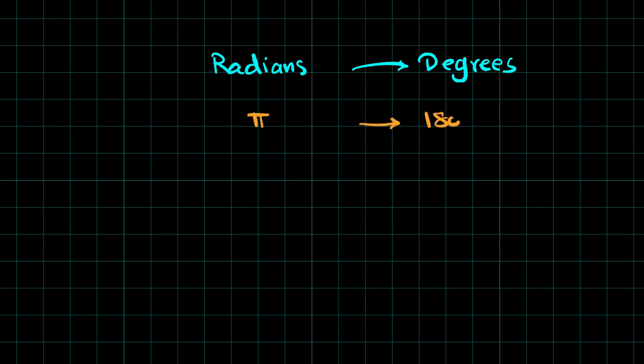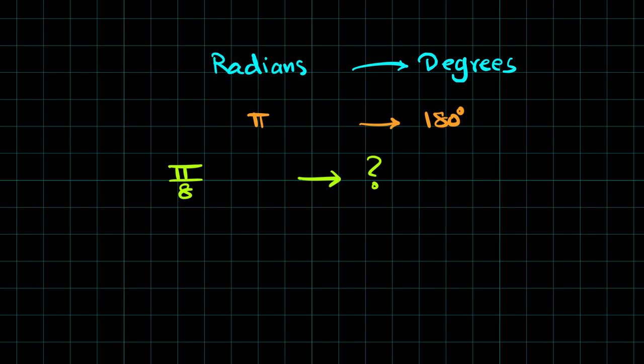Now, what about the other way around? What about radians to degrees? Again, the standard is the same. That means pi radians is 180 degrees and we will use the ratio method. For example, if I'm interested in finding the conversion from pi by 8 to degrees, what will I do?